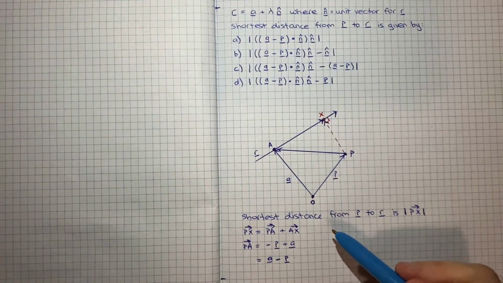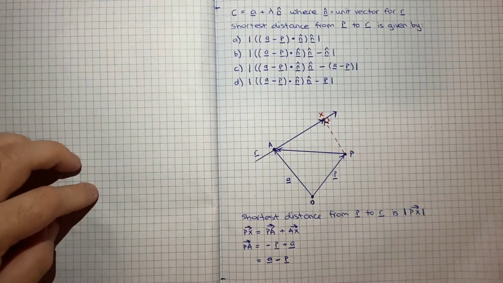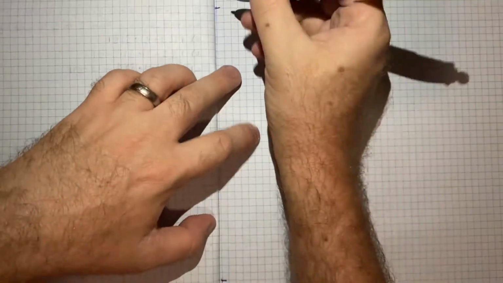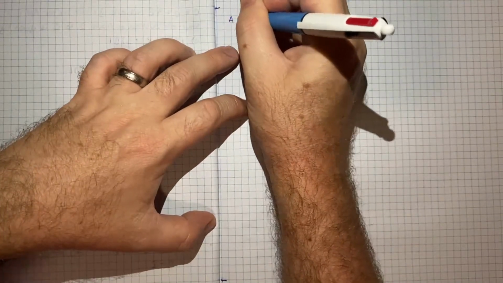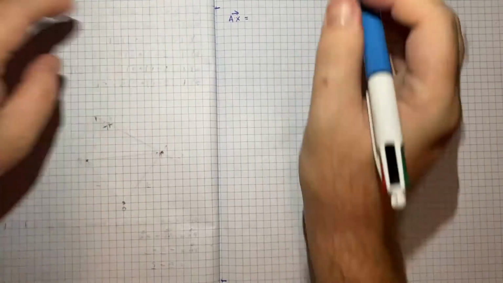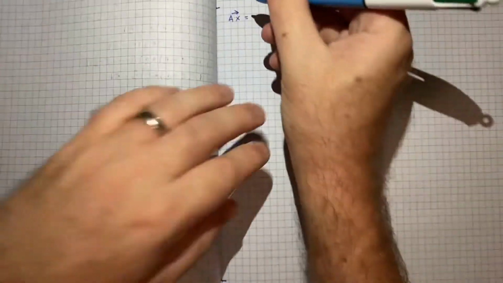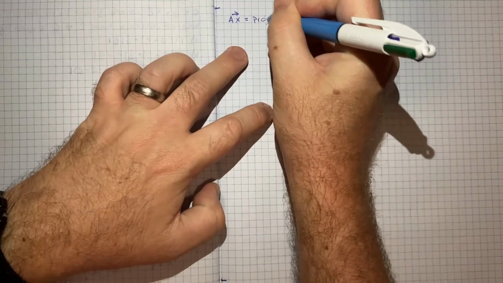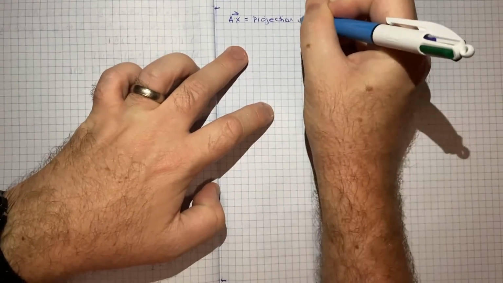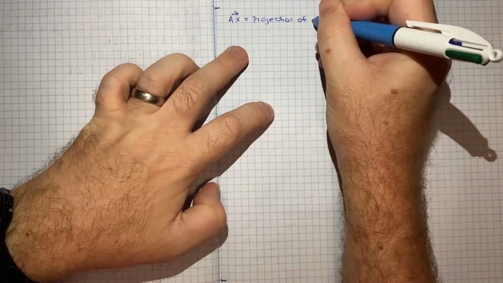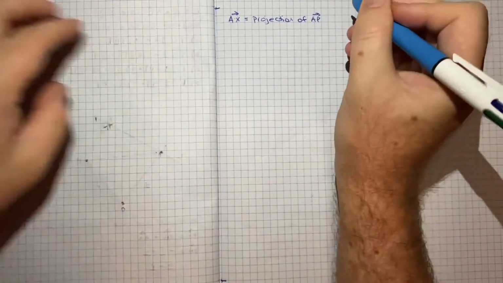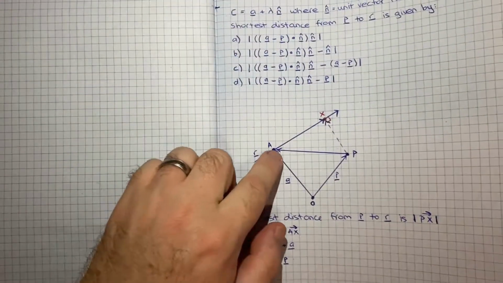I might have to turn over here just for space, but what I'll do is write this vector AX that we're dealing with. Just to remind you, this vector here is the projection of the vector AP, and notice the direction here is important.